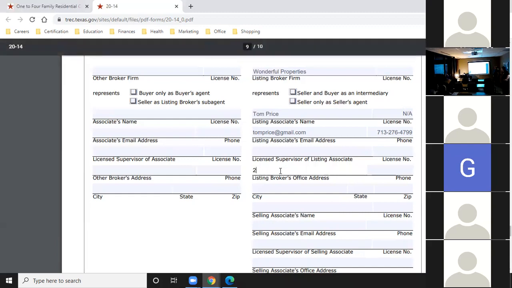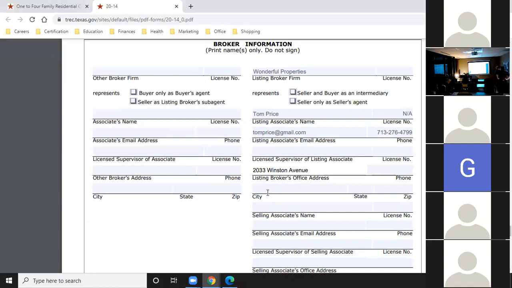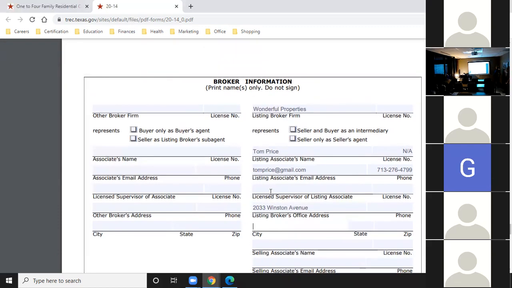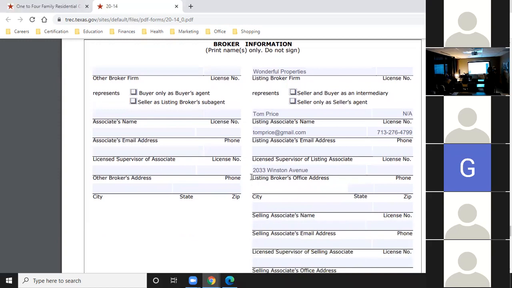2033 Winston Avenue. Wait, nope, don't put your full thing. Wait now, what is that listing broker? I'm getting confused. Okay, Miss Leela's getting confused, so we need to pull her in. Miss Leela, where are you getting confused, ma'am? There are two addresses up here. One is Wonderful Properties, one is I Sell More Properties.